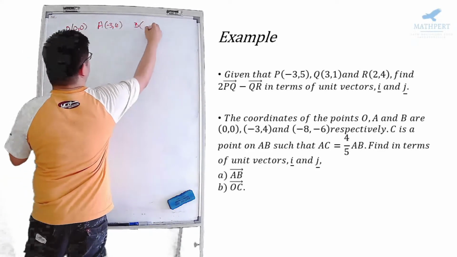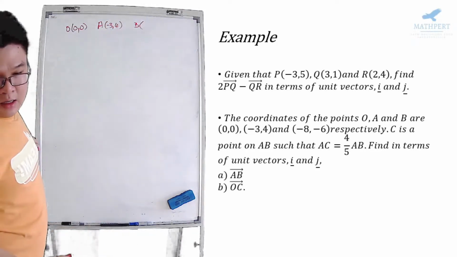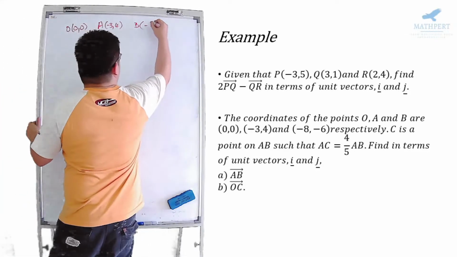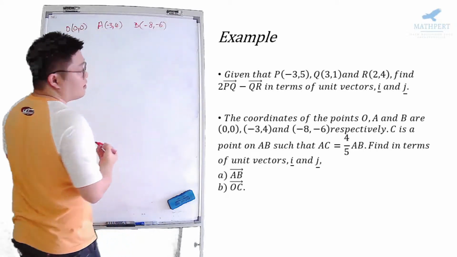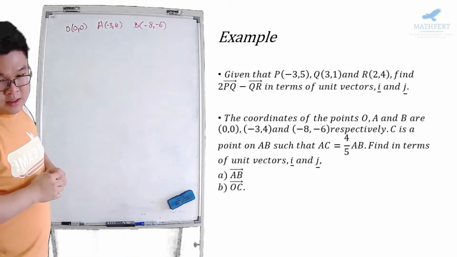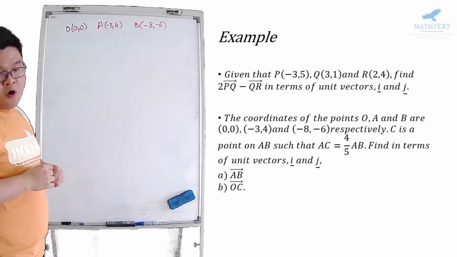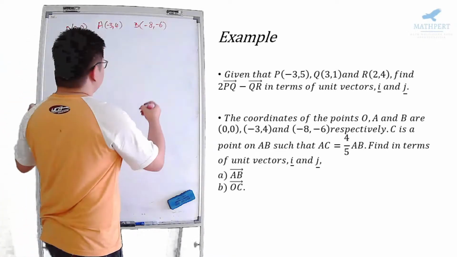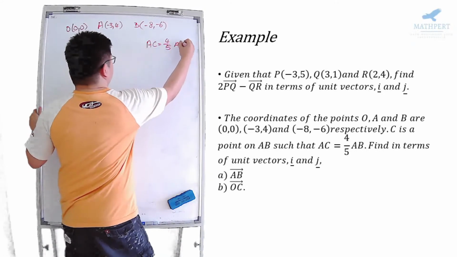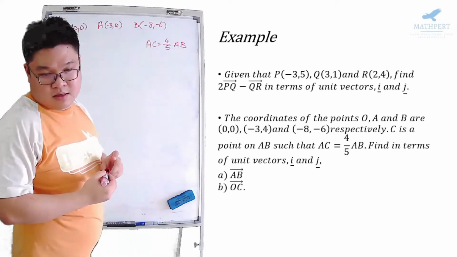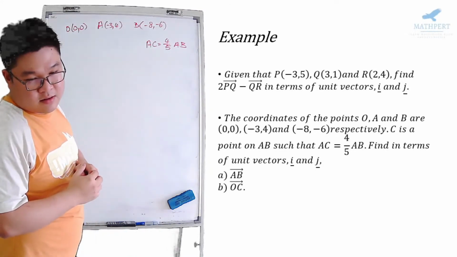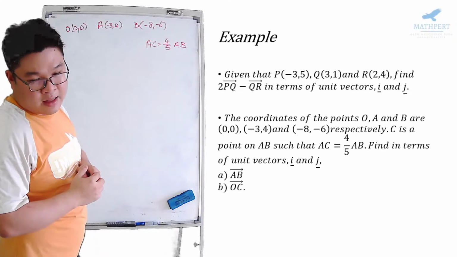B is negative 8 and negative 6. C is a point on AB such that AC is equal to 4 over 5 AB. Find in terms of unit vectors i and j.